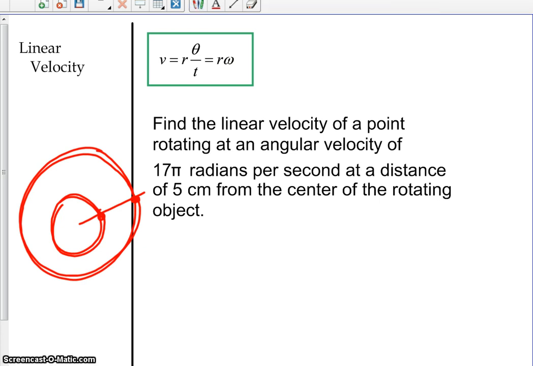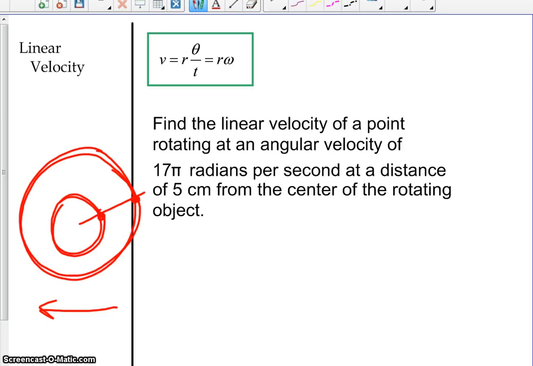So this involves the idea of linear velocity, switching from angular velocity to what if they were just going straight? What if they had a straight path and we had to figure out who is going faster, or what their speed is? So find the linear velocity of a point rotating at an angular velocity. Angular velocity, if you remember, was our theta, our angle, over the time, of 17 pi radians.